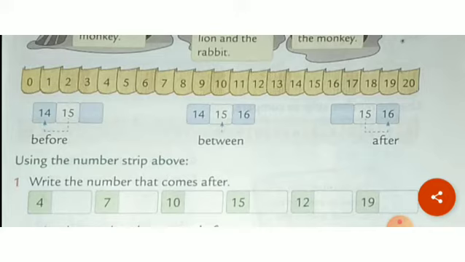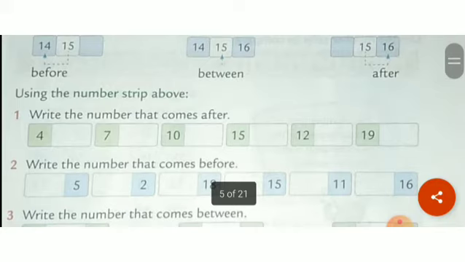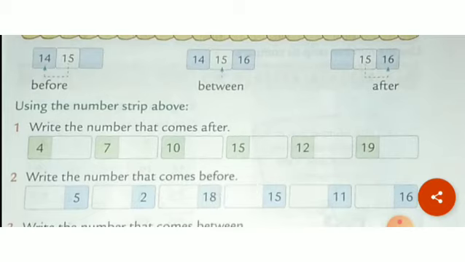And 16 is the after number of 15. Understood? So this way we have to solve the examples here. You have to use this number strip to solve these examples. Okay, let us see one example.